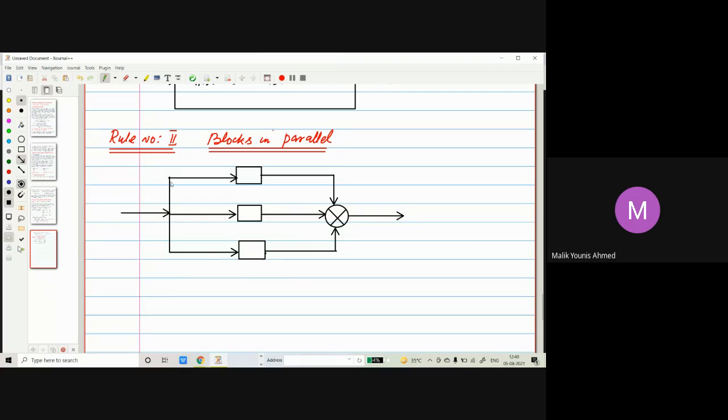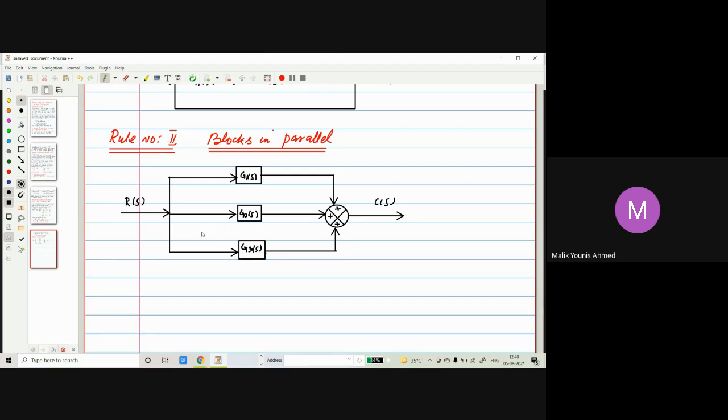So this clearly shows that the blocks are connected in parallel. Let's have a plus sign here, plus sign here, plus sign here. Now let's say this is the input. This is the overall output. This is individual transfer function number one, G1 of s, individual transfer function number two, G2 of s, and then G3 of s.